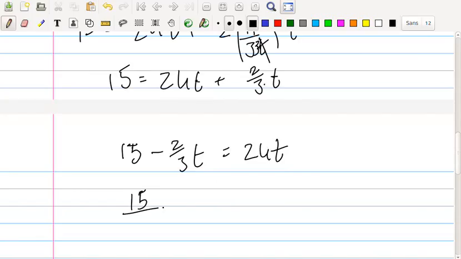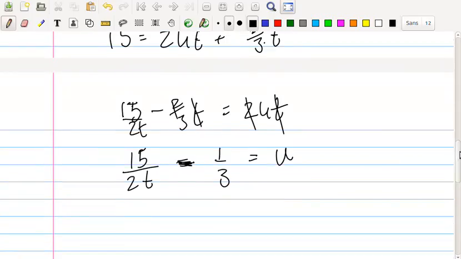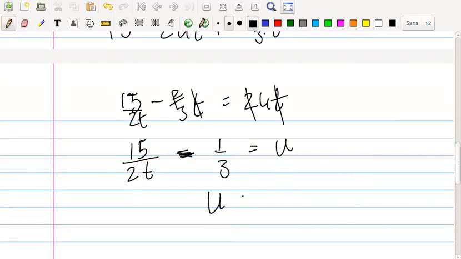So 15 over 2t, minus 1/3, equals u. Did I do that right? Divide everything by 2t: 2 over 2, t over t. Maybe we can write this as one fraction to make it look nicer. So on the bottom we get 6t, and then 45 minus 2t.